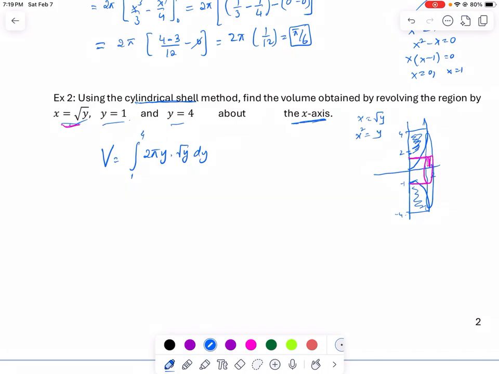So again, this is pretty simple. 2 pi y to the 3 halves, integrating gives 2 pi y to the 5 halves divided by 5 halves, which becomes 2 over 5. So it becomes 4 pi over 5, and then 4 raised to 5 halves minus 1 raised to 5 halves.